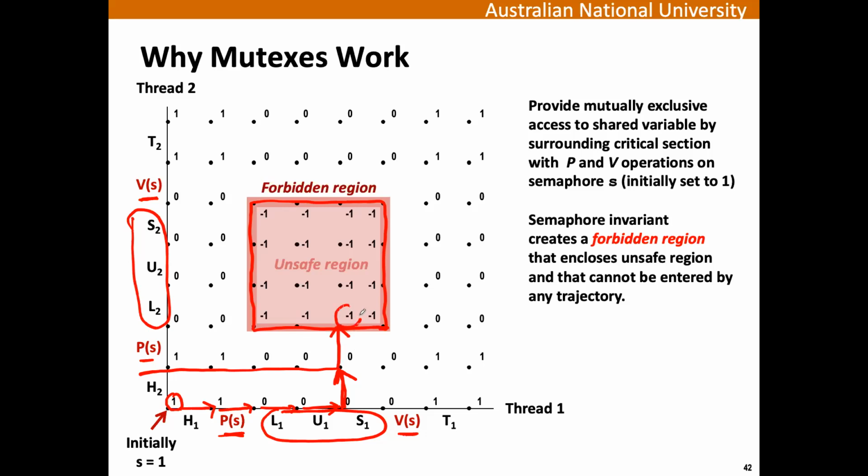But this is -1. And the semaphore invariant is that S cannot be negative. S is always non-negative. And so all the states where the semaphore is -1 are unreachable. The kernel will not allow that. This is the meaning of the P operation: if the semaphore is 0, the thread will suspend itself.